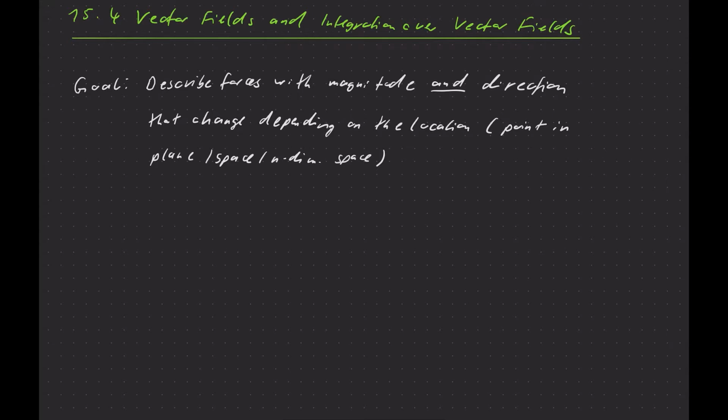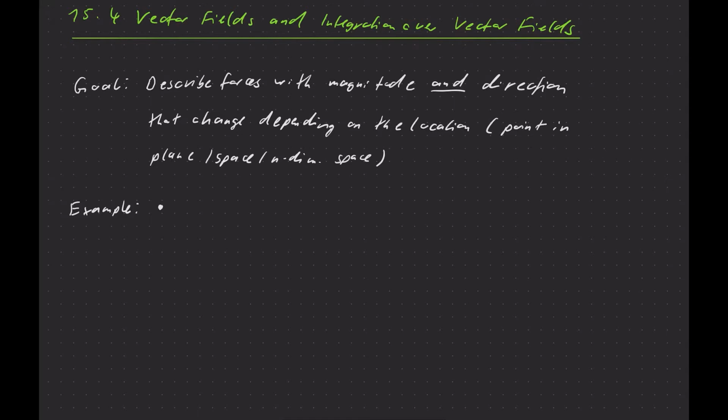There's lots and lots of examples of vector fields like that. One possibility would be winds. So imagine you're planning the route for an airplane that follows a path through 3-dimensional space around the Earth, and that is affected by winds. Of course, the wind changes depending on the location.